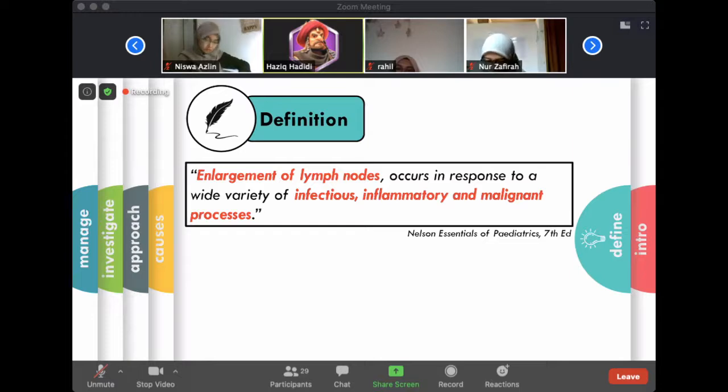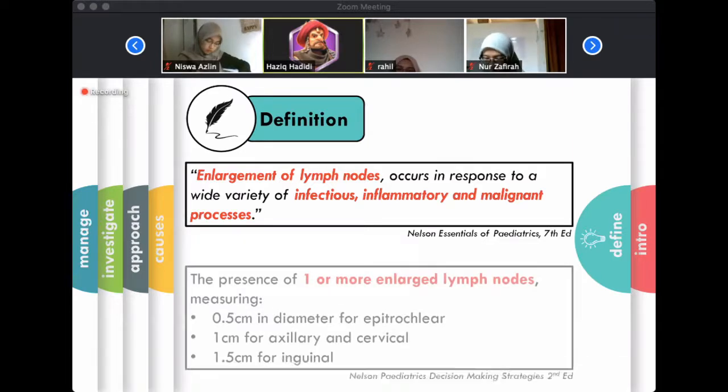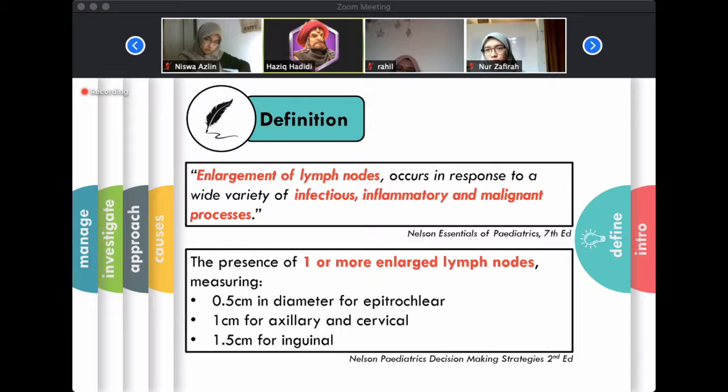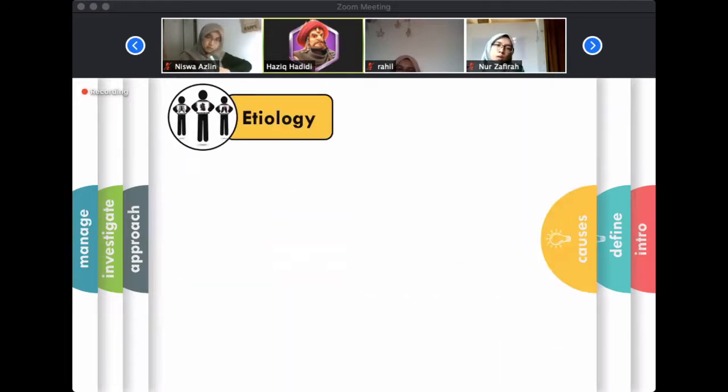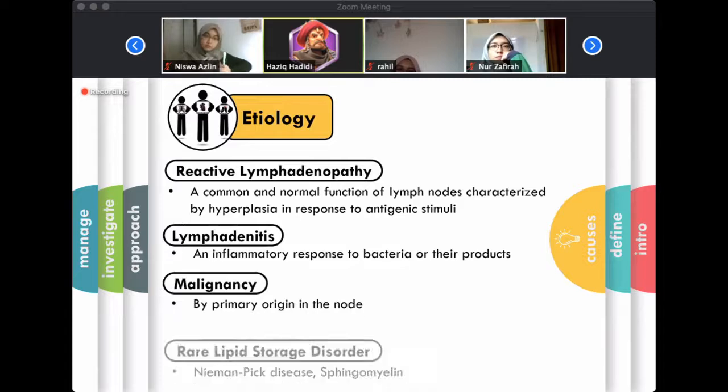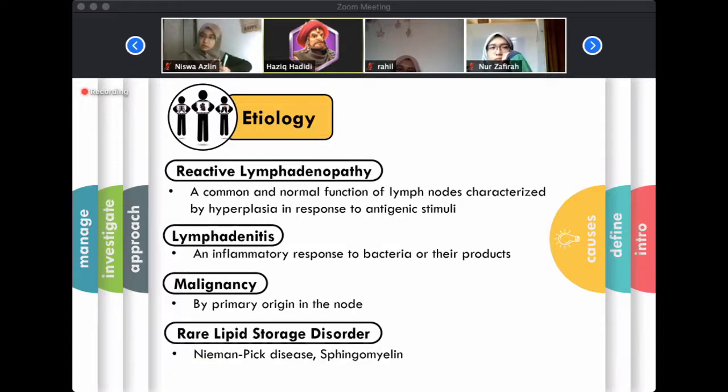Other sources say that lymphadenopathy is the presence of one or more enlarged lymph nodes, and the size depends on the site. These are some of the causes of lymphadenopathy together with a description of how they occur. You can read it by yourself later on.